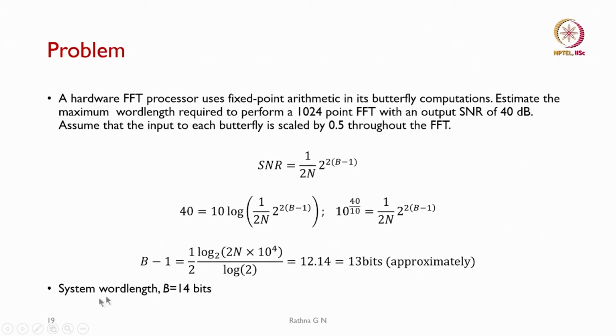Then the system word length for this is b equal to 14 bits. So, you can see if I want to have CD quality, which is 91 dB, with the scaling of 0.5, you can work out how many bits are required and then come back with the answer.